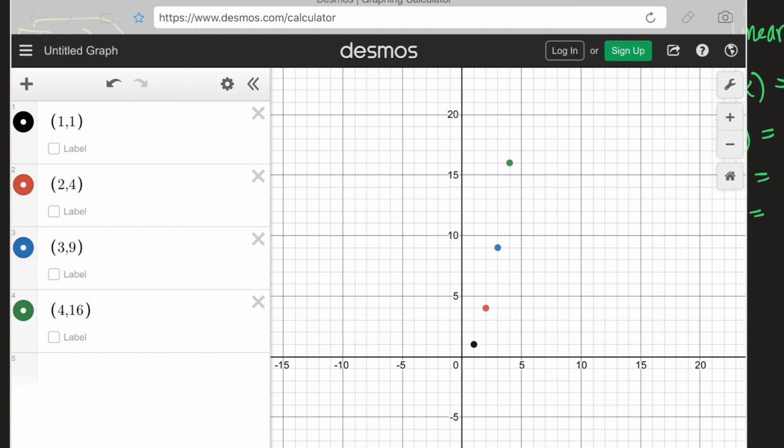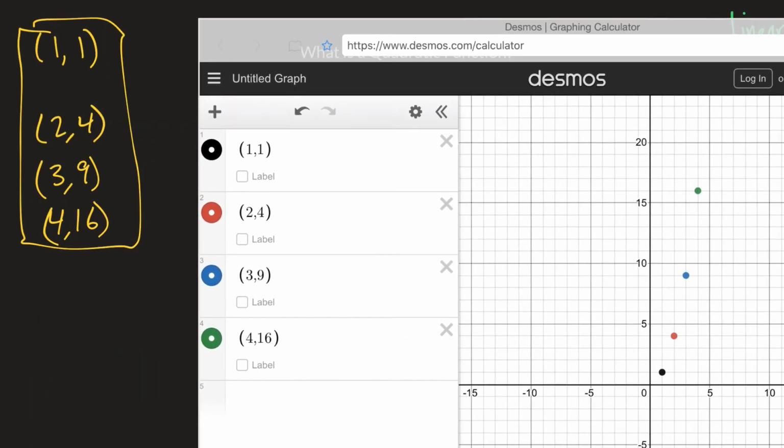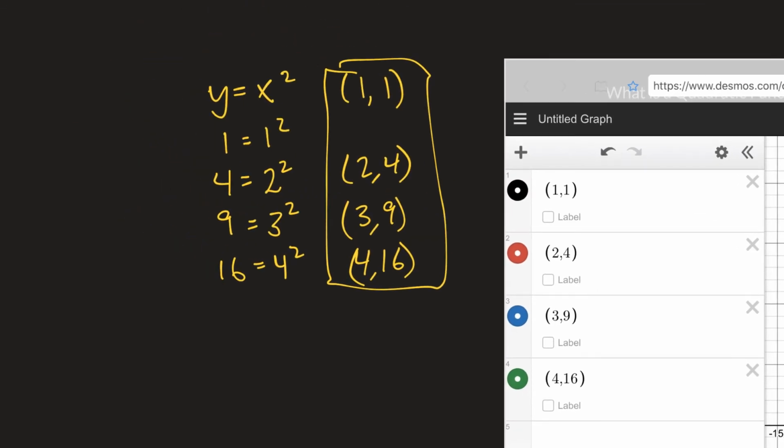And since I have this right over here, this is our key: y equals x squared.